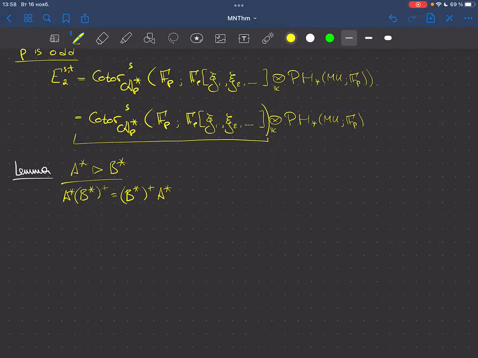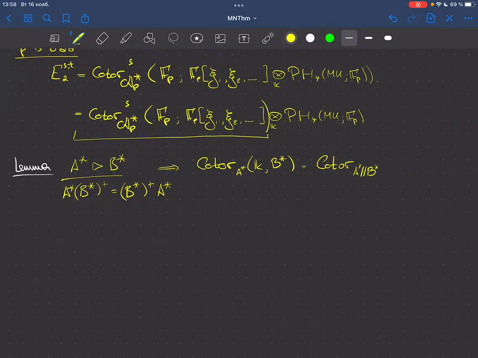In this case, you can easily compute Cotor over A star from K to B star by just taking the quotient, K to itself.